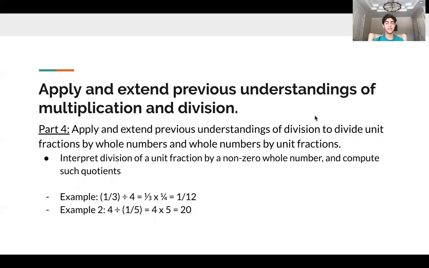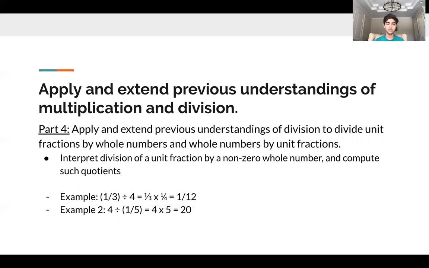Understandings of multiplication and division from the past. This is a pretty simple one, but still very important. Essentially, they want you to understand how to divide fractions as well. You want to interpret the division of a unit fraction by a non-zero whole number and then compute quotients. So let's just look at an example. If they ask you to do 1/3 divided by 4, the strategy I will always recommend when you're doing fractions is simply multiply by the reciprocal of the second number.